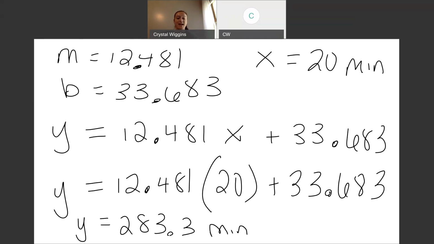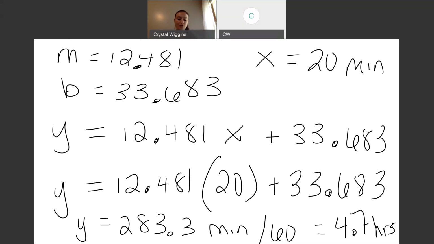Maybe that is too hard to understand, so I might want to interpret this in hours instead of minutes, since it's a very long time. To convert minutes into hours, let's divide by 60, because there are 60 minutes in an hour. I divided by 60, and I get 4.7 hours.